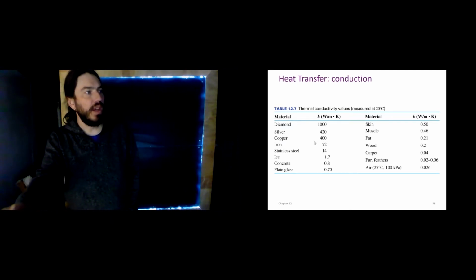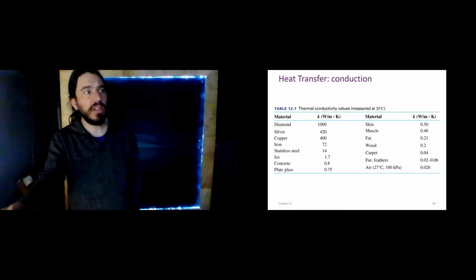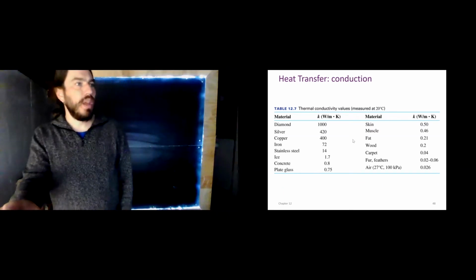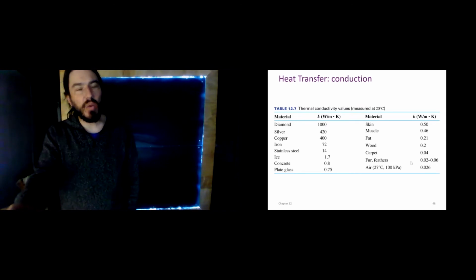Aluminum's in here too, in between iron and copper. Prior to 1977, houses built in the United States often had aluminum wiring. But it's not as good of a conductor as copper, and nowadays you have to use copper. So these are our good conductors. Notice when we get very small, we're starting to talk about good insulators.